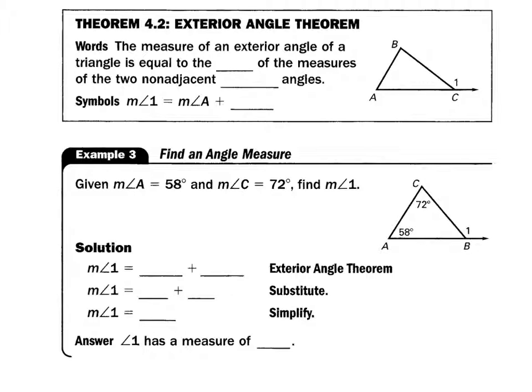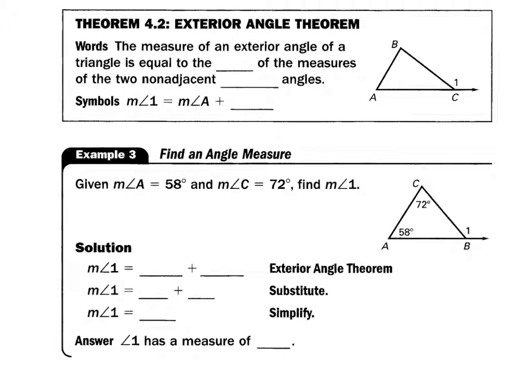Okay, in the first half of this video, we dealt with the triangle sum theorem. So they were all about the interior angles. If you add all three interior angles, it doesn't matter what kind of triangle it is, the angle measure has to equal 180 degrees. Now we look at an important theorem that deals with the exterior angle theorem.